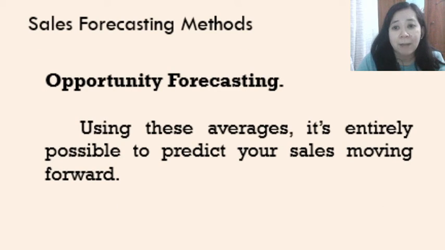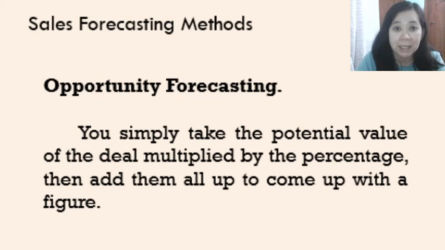So using these averages, it is entirely possible to predict your sales moving forward. So opportunity forecasting is much more reliable compared to intuitive forecasting, because in this case we have the basis.